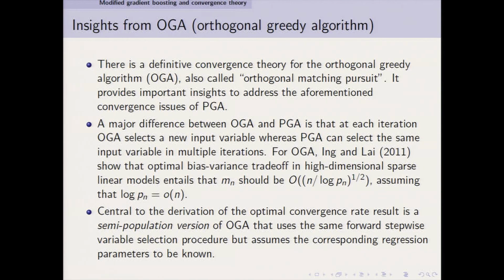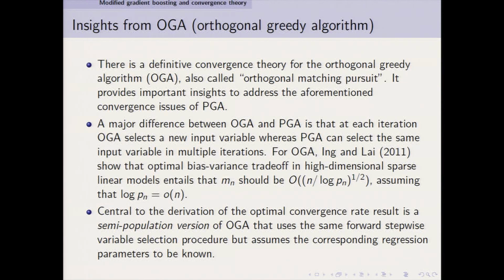Again, I emphasize that the choice of the variable in all of this is greedy. You add the one that gives you the most reduction in the residual sum of squares. There's a definitive convergence theory for the orthogonal greedy algorithm.